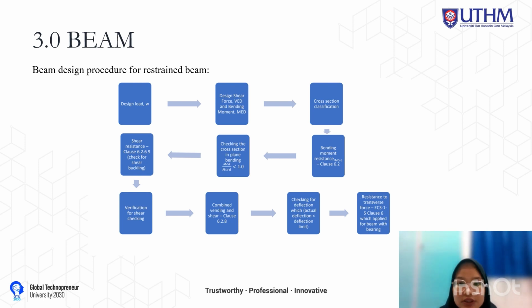Next, checking the cross-section in plane bending. Next, shear resistance, and then verification for shear checking, then combined bending and shear. Last but not least, checking for deflection, where actual deflection must be less than the deflection limit, and lastly, resistance to transverse force.